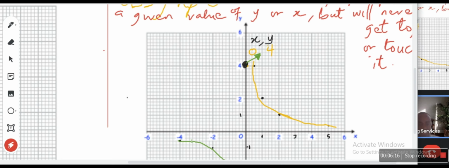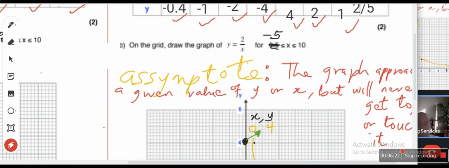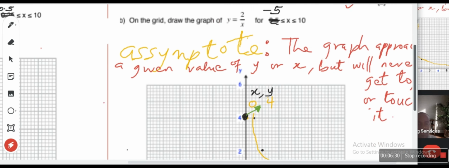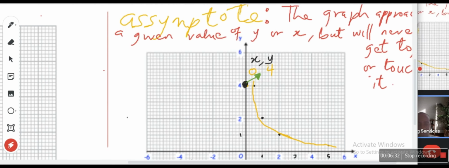Now look at the equation: y equal to 2 over x. So, what's the value of x on this coordinate? This particular coordinate, let me call it P. What's the value of x there?